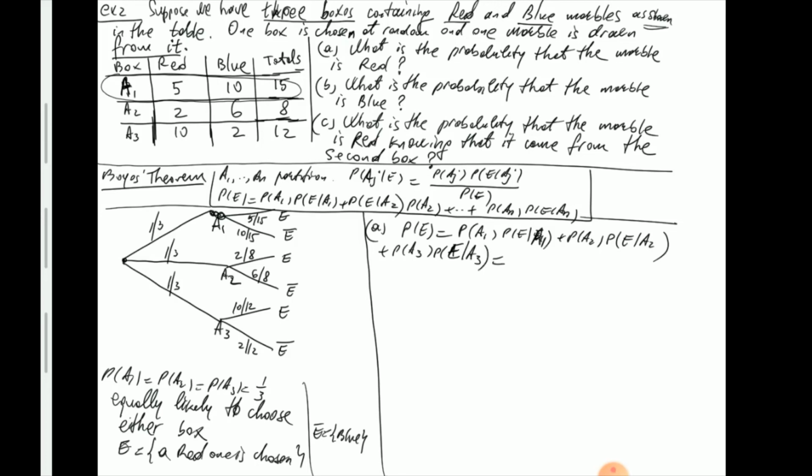So look at the probabilities on the tree. So that's 1 over 3 times E given A1, which is 5 over 15, plus 1 over 3 times 2 over 8, plus 1 over 3 times 10 over 12. Once again, using the calculator, this should give you 0.47.